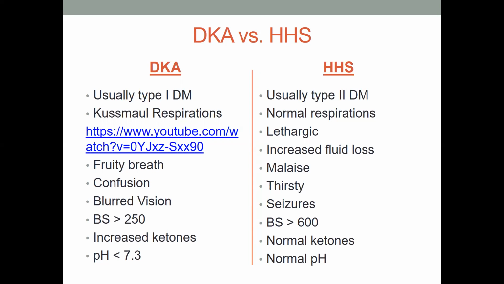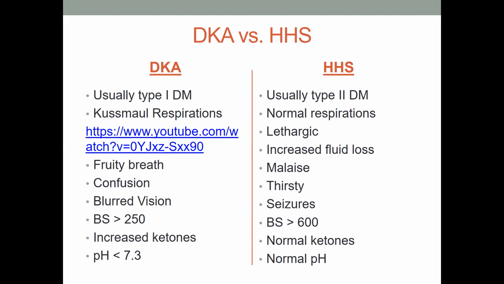When we talk about blood sugar levels with DKA, the severity of DKA is not directly related to the glucose level. With DKA, their pH will be less than 7.3 because they're acidotic. Their bicarb will be low, usually less than 15. They're in a metabolic acidosis state.